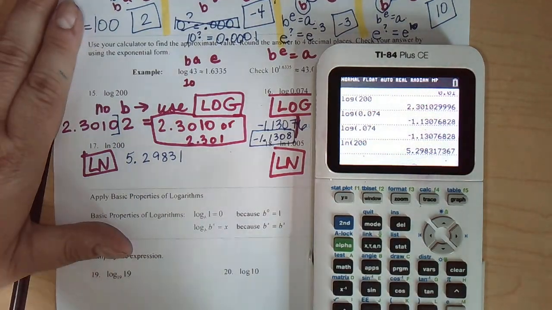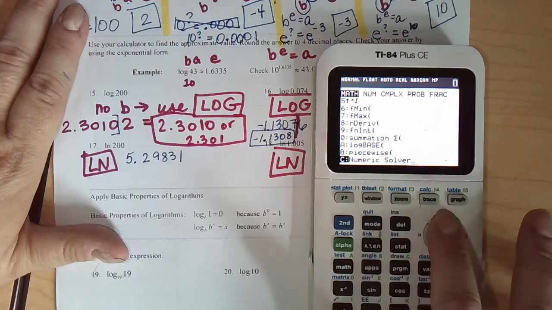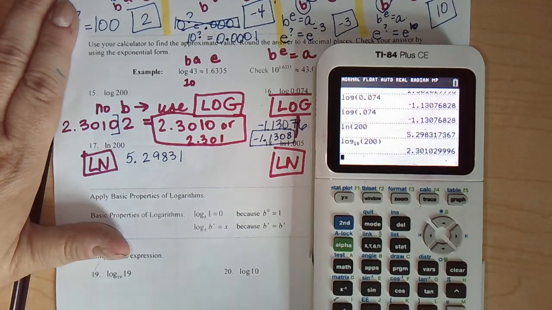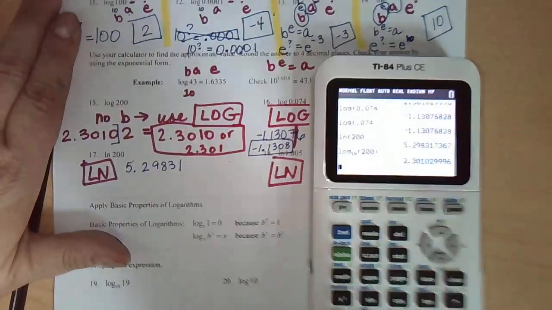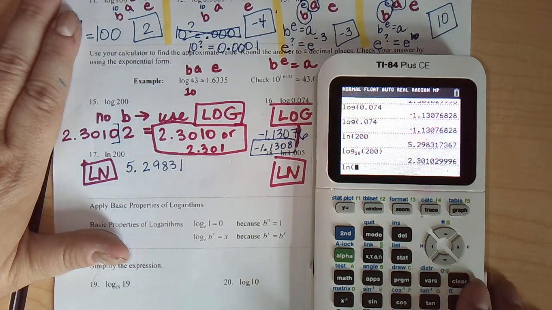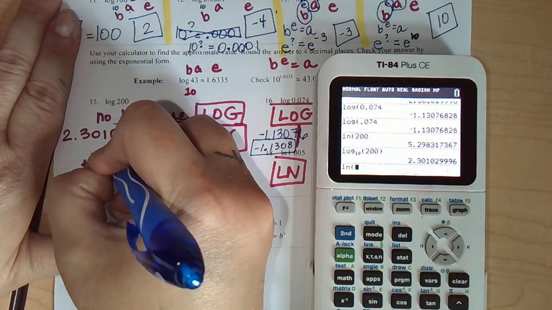Well, remember, number 15 truly represents log little 10, big 200. That's what 15 represents. 17 represents ln with an e in the base.